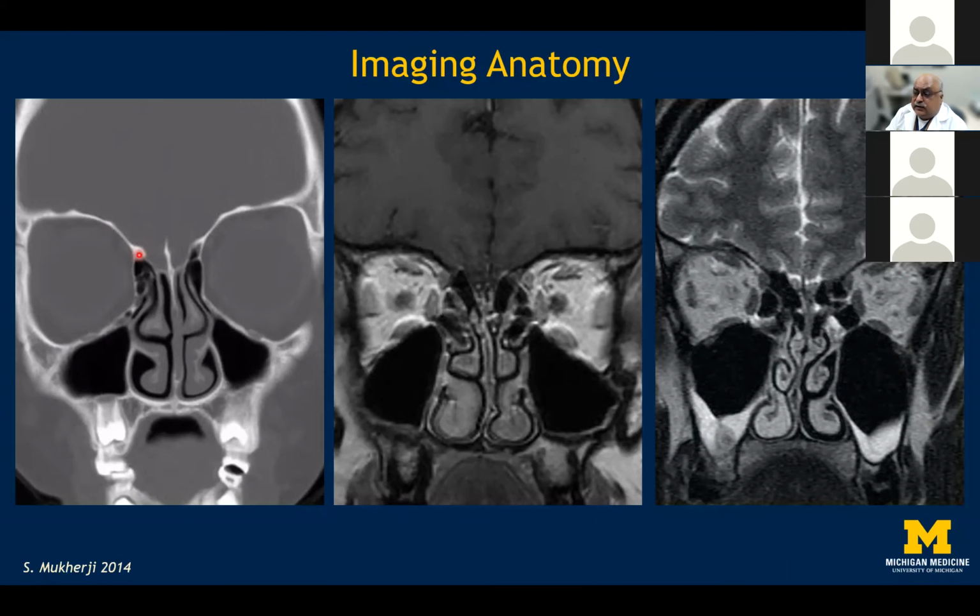One can see the intact appearance of the fovea ethmoidalis and the cribriform plate in this section. The complementary T1 weighted sequence on the MRI will show you the gyrus rectus on either side reaching up to the depth of the cribriform plate, and the T2 weighted sequence will show you the olfactory apparatus separated from the gyrus rectus by a plane of CSF.